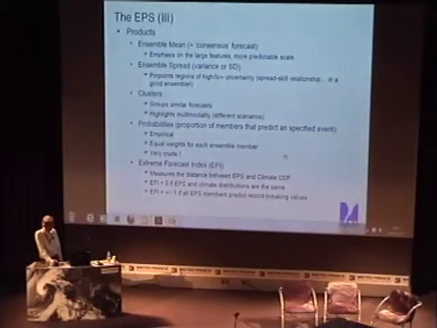A value of 0 means you have absolutely no extreme: the distribution of the ensemble is very similar to the climate distribution. When it's plus or minus 1, it means that your ensemble predicts record-breaking values.